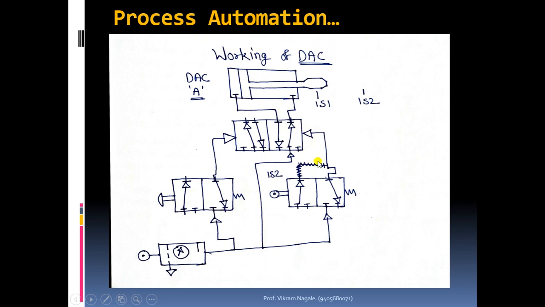Now as we are keeping this limit switch at this 1S2 position, whenever the rod end comes to this 1S2 position, this roller lever will get pressed.